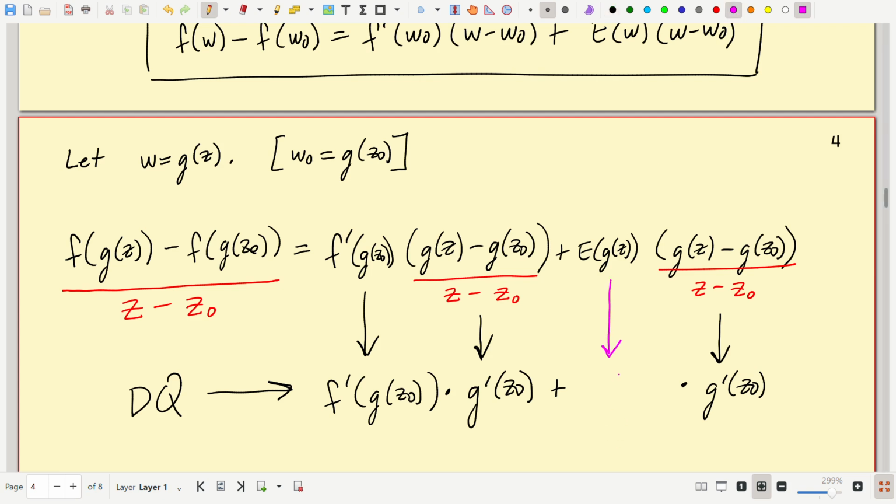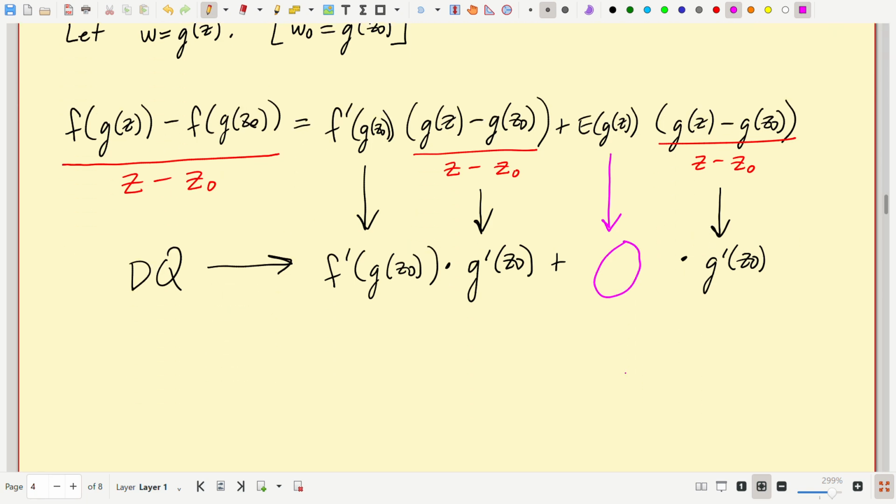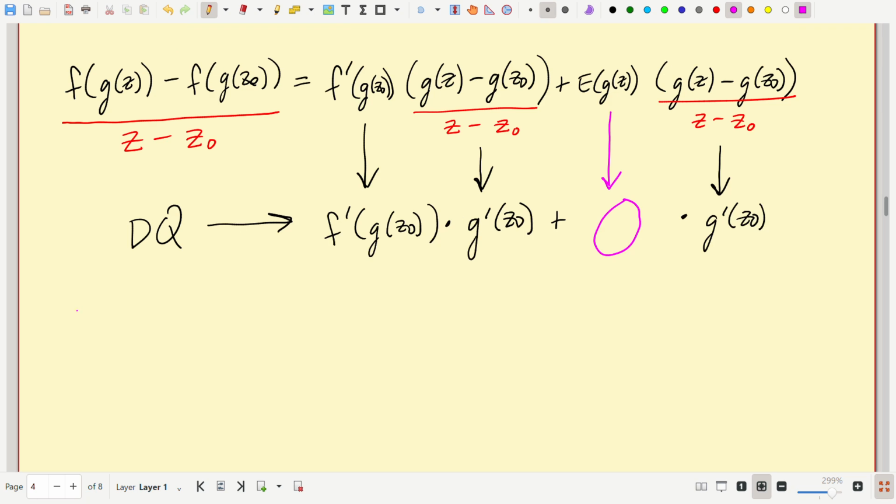I claim it tends to 0. And the why, the purple one there, is important. Why does E of G of Z tend to 0?